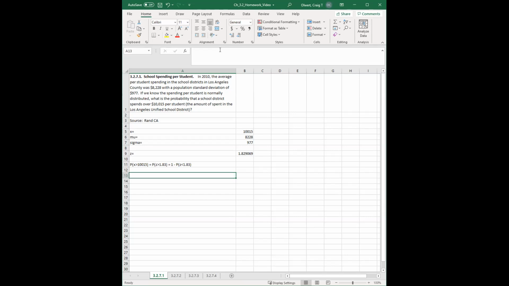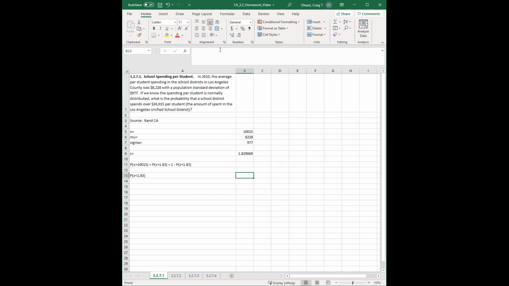We can find the probability that Z is less than 1.83 by looking at the standard normal distribution table, or we can start using Excel formulas. There are two formulas. The first is NORM.S.DIST, which has you enter the z-score.